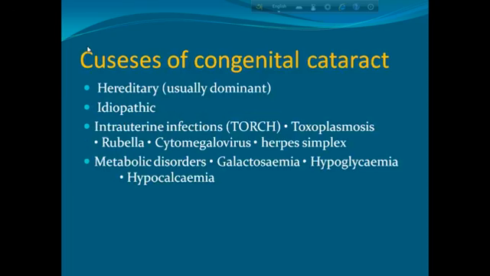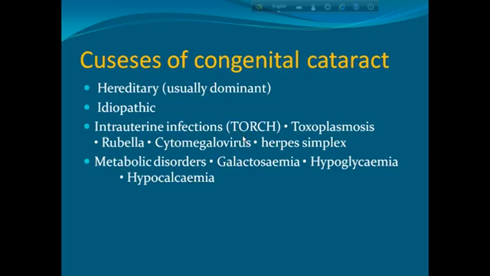There are some causes of congenital cataract. You simply say hereditary, idiopathic, and TORCH infection. This is important. This is the slide presented to you. Toxoplasmosis, TORCH infection. We commonly ask students, what are the causes of congenital cataract?